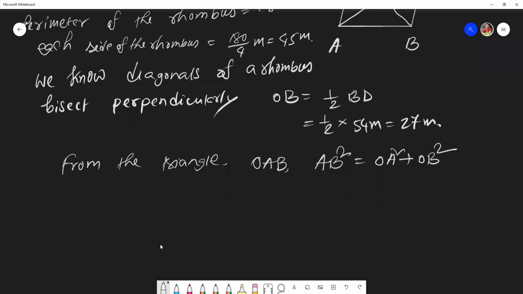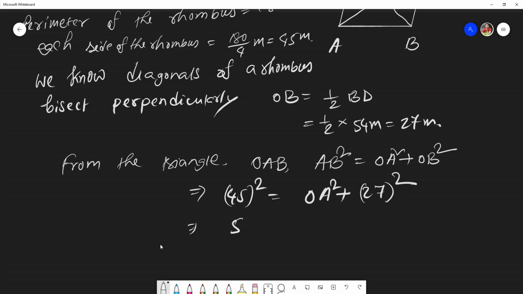AB means one side of the rhombus. That is 45 square is equals to OA square plus OB square, here OB means 27 square. So now 45 square minus 27 square is equals to OA square.